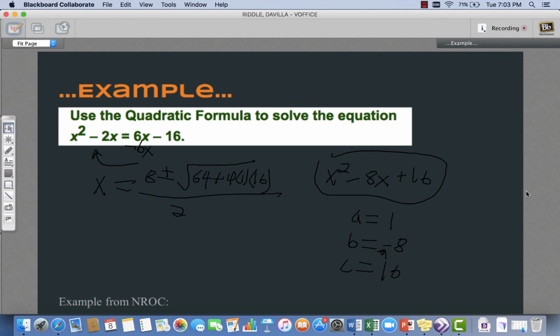So we'll just have 2 there. Eventually, you can solve it from there. You can figure out what that radical is, and then you can simplify with the 2. And then you'll figure out the answers for x. And that's how the quadratic formula can be put to use there.